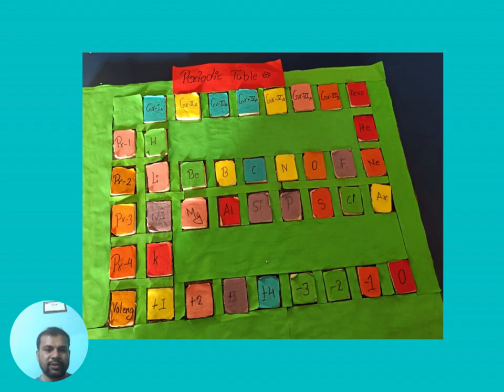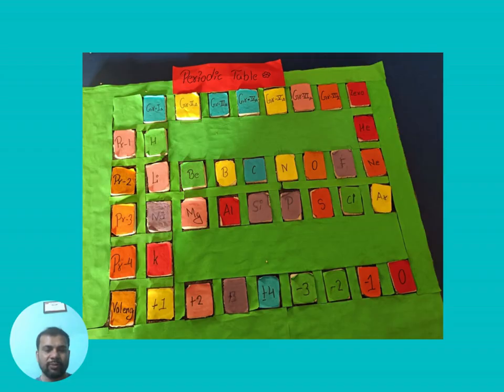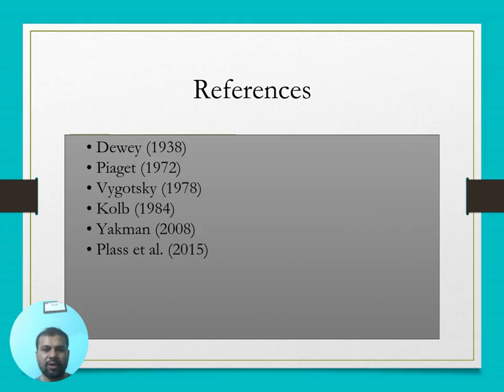First, students construct these models. Then, after constructing the mini atomic periodic tables, it helps to understand the learning concepts progressively or sequentially. And after that, these are the references that I used in my presentation.